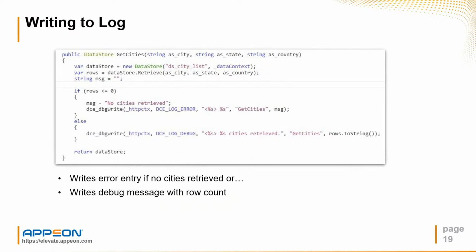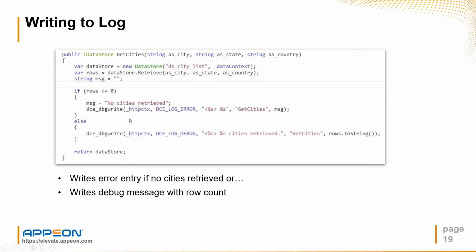Here's an example of writing to the log. This is a service method called getCities, which I'll demonstrate a little bit later, both from the client and in the API. We're returning a data store, calling getCities giving it a city, a state, and a country, doing a retrieve on a data store that we exported to the API.